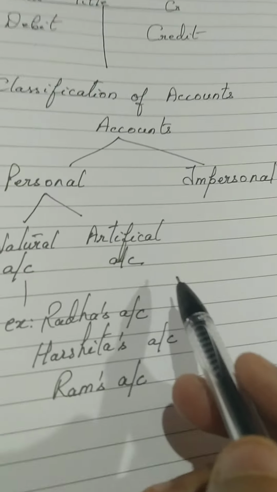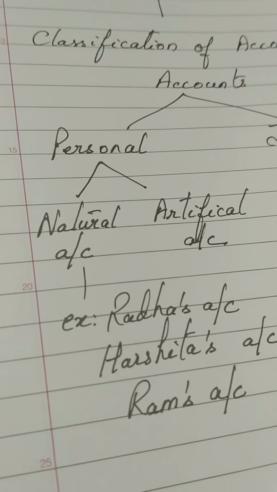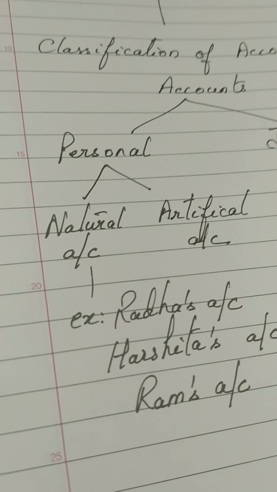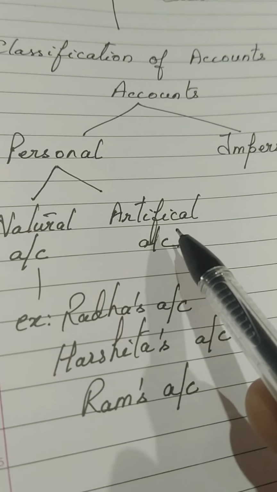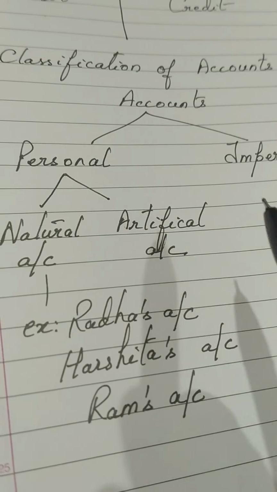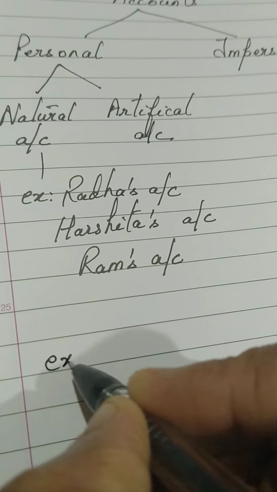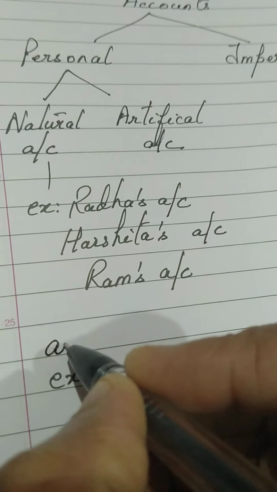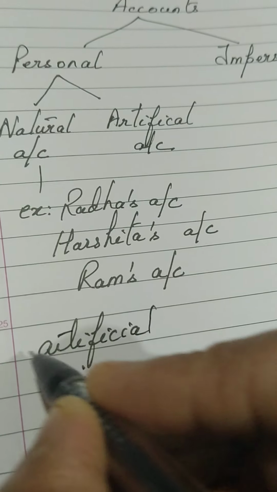What is artificial account? If you remember, I said business is separate from its owners. Business organizations are to be treated as a person, as an artificial person. So all the names of business organizations will come under artificial account. Let us say, here I am putting examples of artificial account, as I need space there to be written.